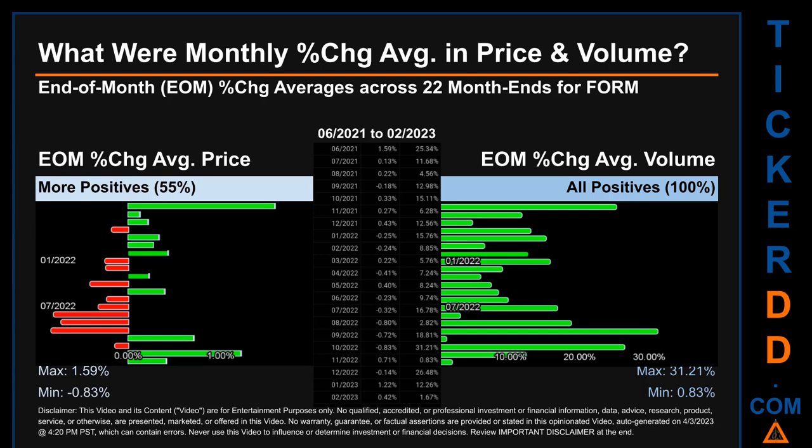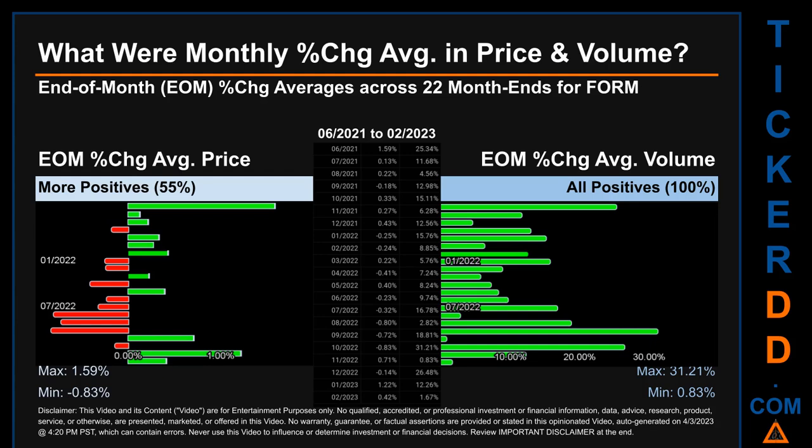From 06/2021 to 02/2023, 12 out of 22 month ends had a positive percentage change in average price. That is 55% of month ends saw a positive percentage change in average price. In terms of volume, 22 out of 22 month ends had a positive percentage change.